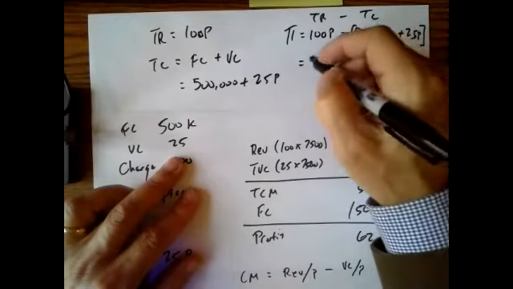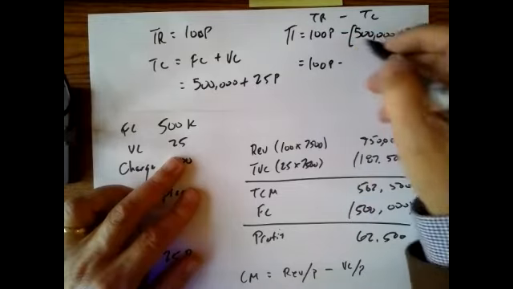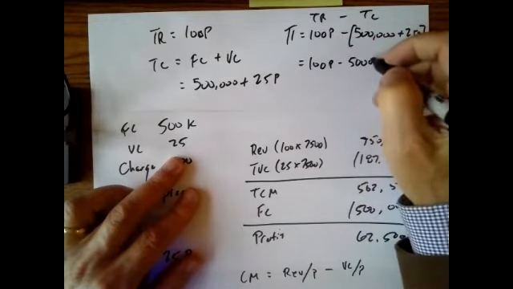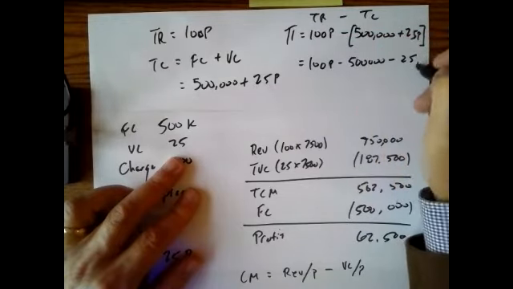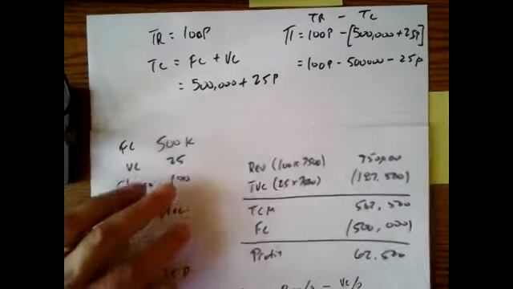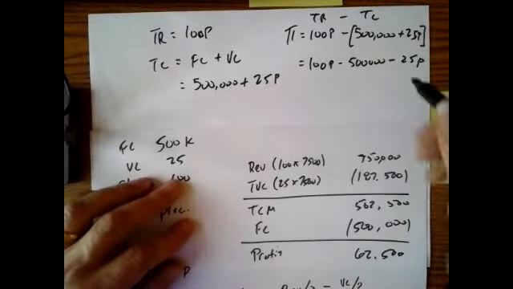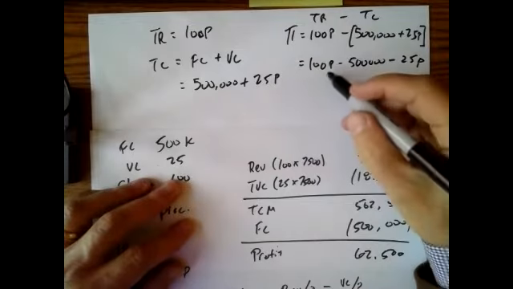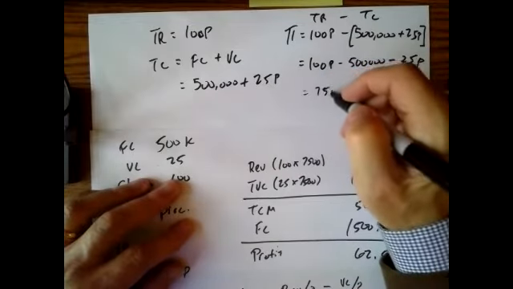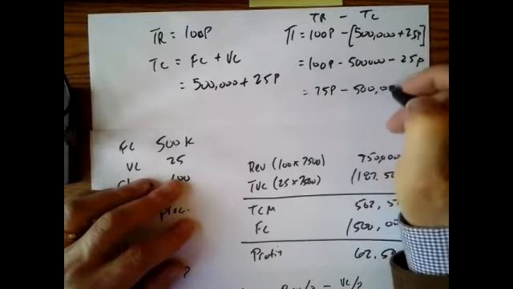Now I'm subtracting total cost, so I have to distribute the negative. Then I'm going to consolidate like terms: 100p minus 25p is 75p, minus 500,000.